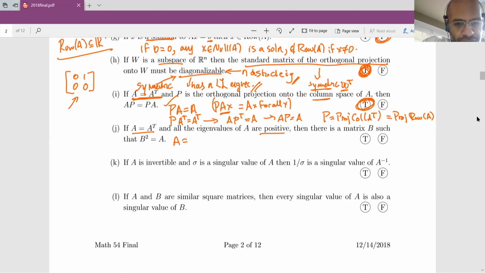So what I'm looking for is you can write A as P D P transpose, where P is orthogonal and D is diagonal with positive entries, because that's the assumption. That's just the spectral theorem.